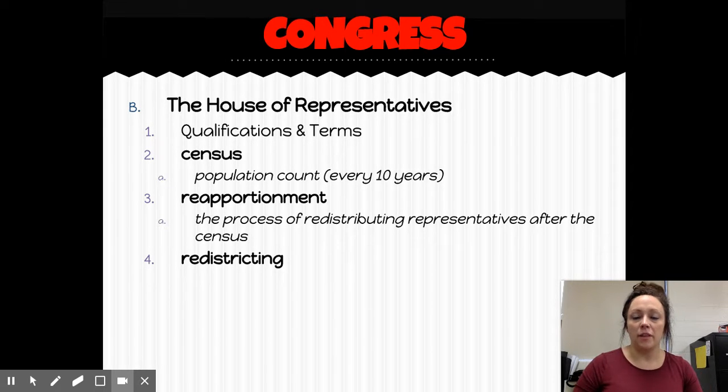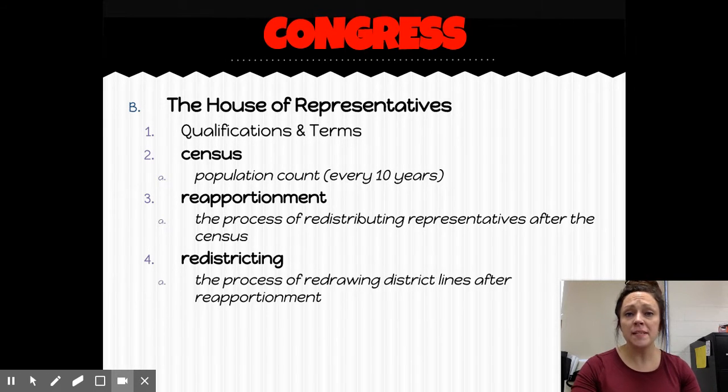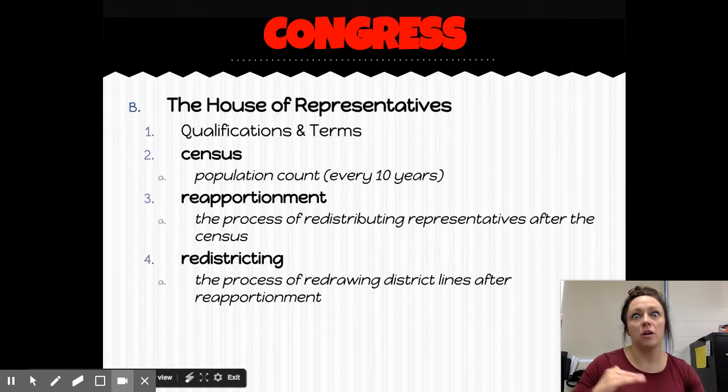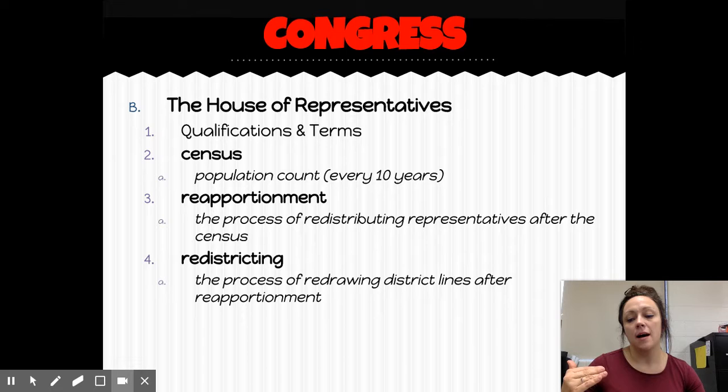We'll talk about how all that works out as well. So redistricting is the process of redrawing district lines after reapportionment. If your state gains or loses a representative, you have to redraw your district lines to reflect the change in representation.